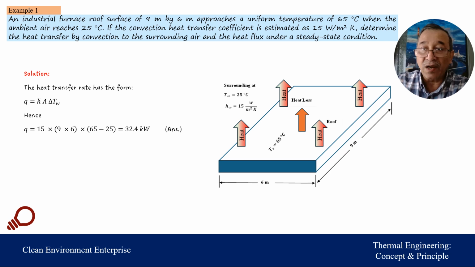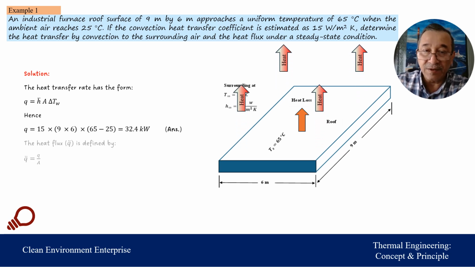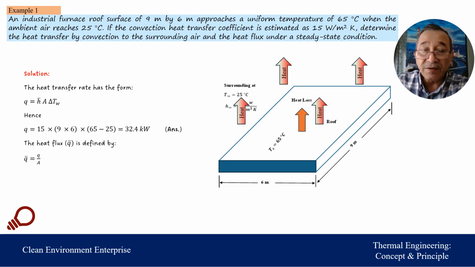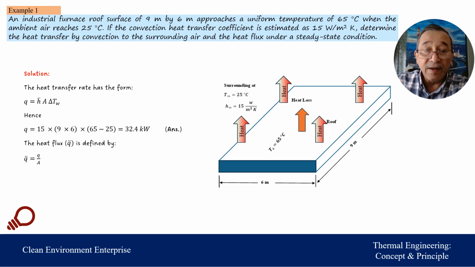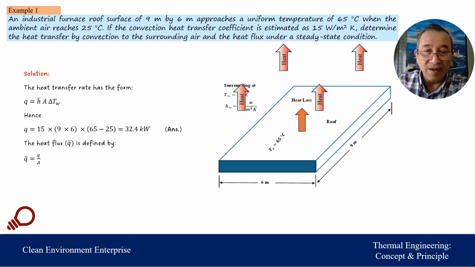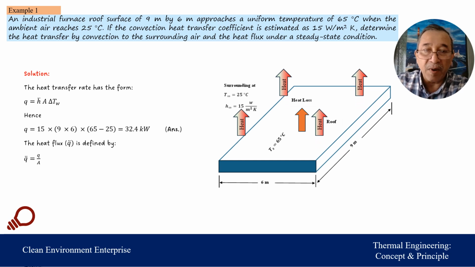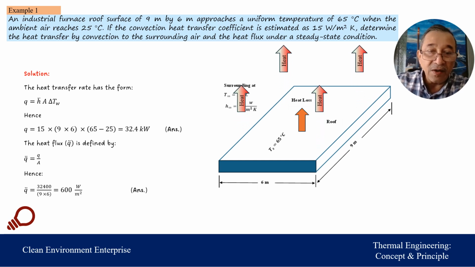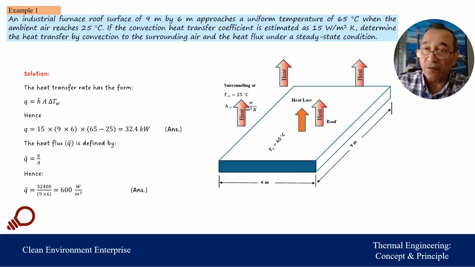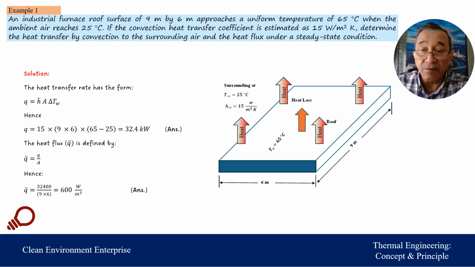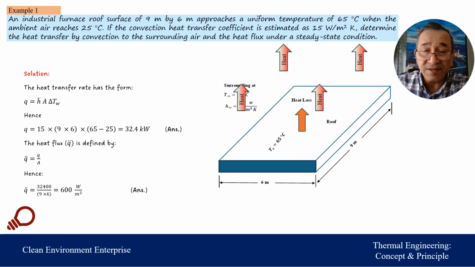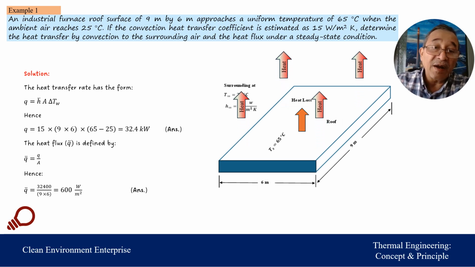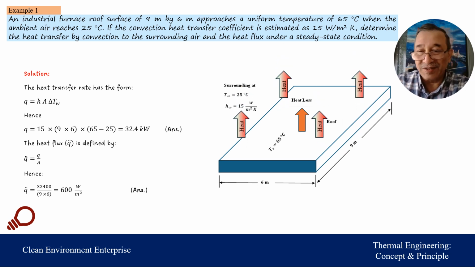This is the total heat loss from the surface of the furnace. And if we want to calculate the heat flux, then heat flux equals Q divided by area. And if we substitute the value of Q, 32.4 kilowatt, divided by the area, which is 9 by 6, that will give us around 600 watt per meter square.